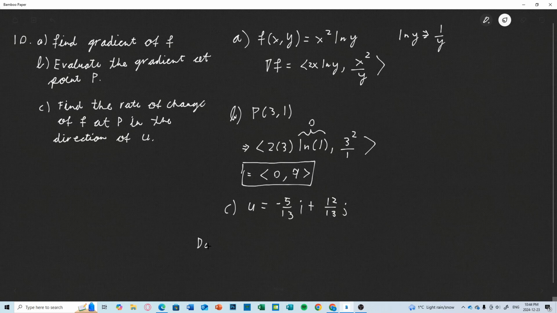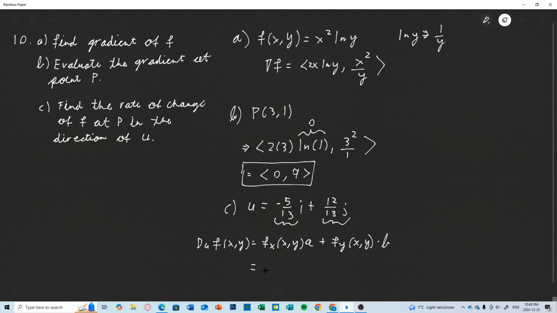To find the directional derivative, D sub u of f of x and y, it is going to be equal to the partial of f with respect to x multiplied by a, which is the first term in the u, or whatever has the i, plus the partial of f with respect to y multiplied by b, which is our second term.